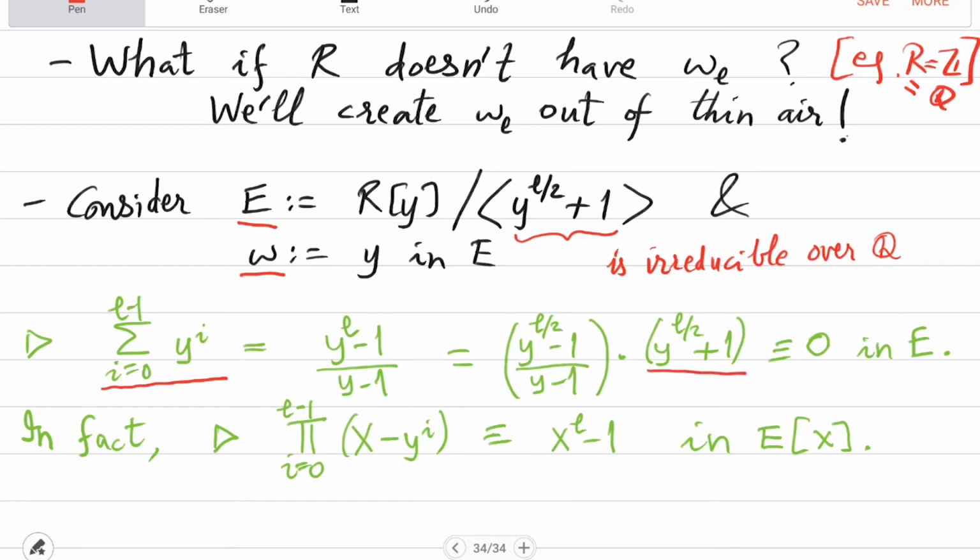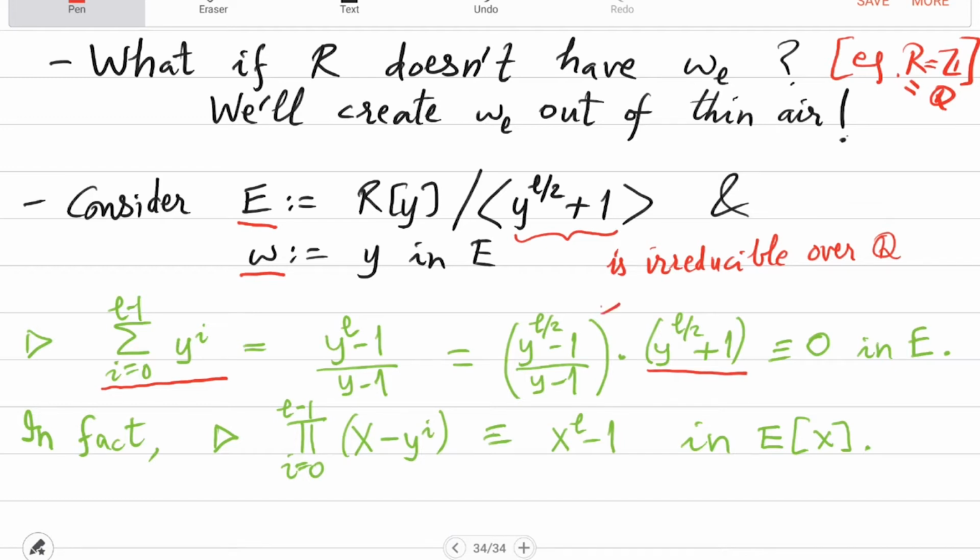You express it as a sum of a difference of squares, right? So you get the difference times the sum. And note that y minus 1 divides the first expression. So we can separate.